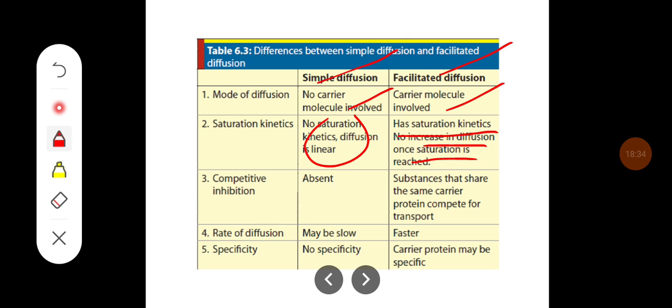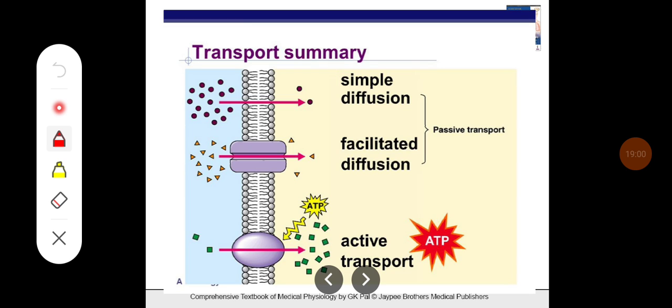There is no competitive inhibition in simple diffusion, but substances can compete for the same carrier protein in facilitated diffusion. The rate of diffusion is slow in simple diffusion and faster in facilitated diffusion. Simple diffusion is not specific, whereas the carrier protein is very specific for that particular substance.